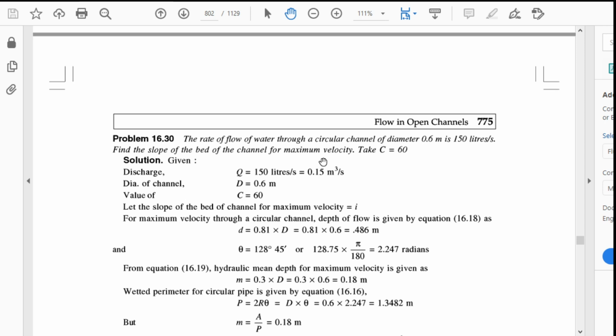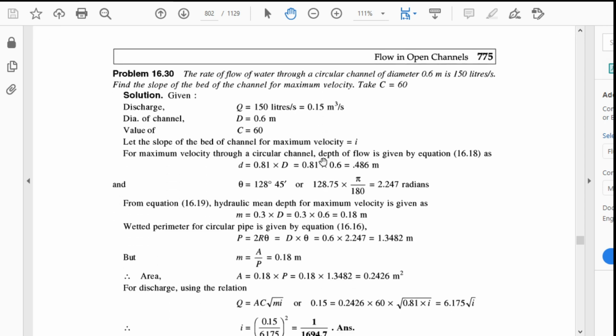So for maximum velocity you have to remember the value of theta. There are two values of theta, one for maximum velocity and the second for maximum discharge. For maximum velocity, the value of theta is 128 degrees 45 minutes, and for maximum discharge, the value of theta is 154 degrees.